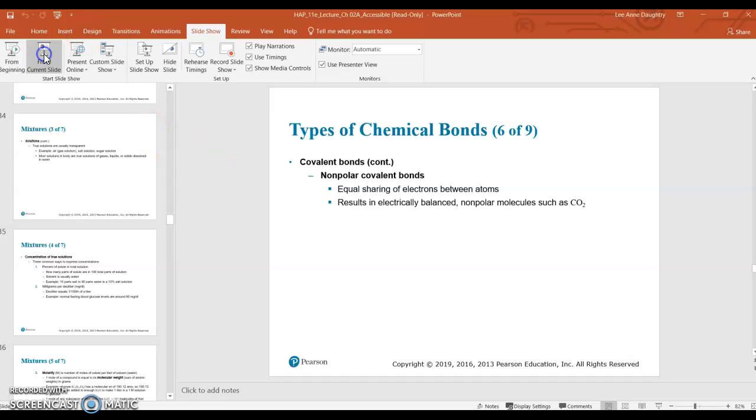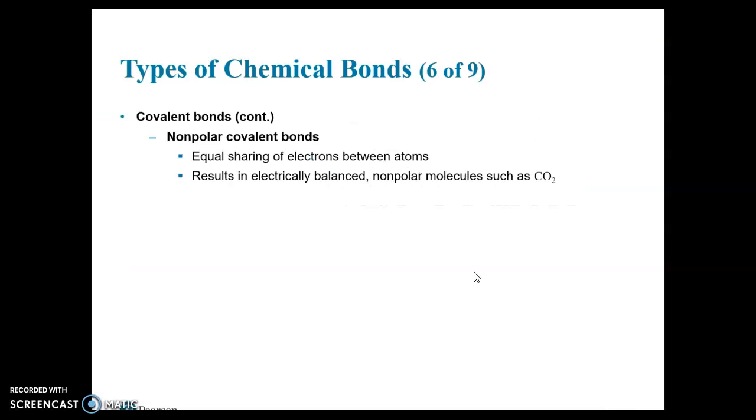But anyway, we're still talking about chemical bonds, and I mentioned to you that with covalent bonding, those bonds can be polar or nonpolar. And the polarity has to do with whether or not the atoms that are chemically bonded share the electrons. When they do share electrons, sometimes there are atoms that have a stronger pull on the electrons than others.